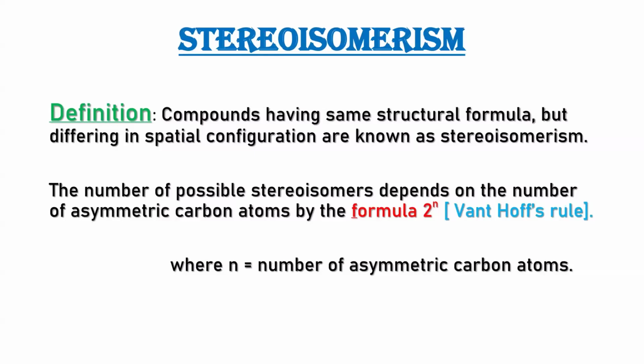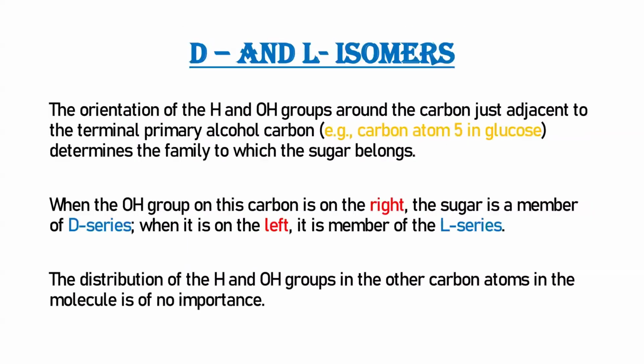That is stereoisomerism. The number of possible stereoisomers depends on the number of asymmetric carbon atoms, so we use the formula 2 to the power n. I talked about this on a previous slide. It is called Van't Hoff's rule, where n indicates the number of asymmetric carbon atoms.